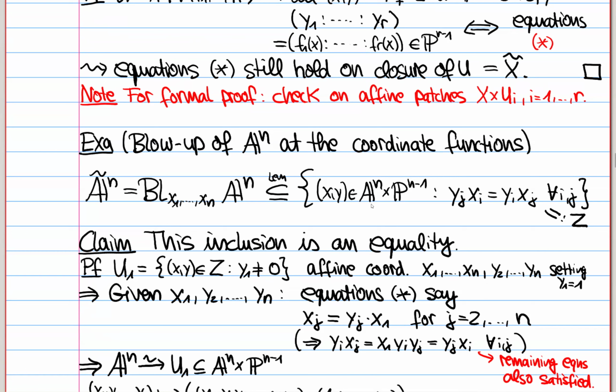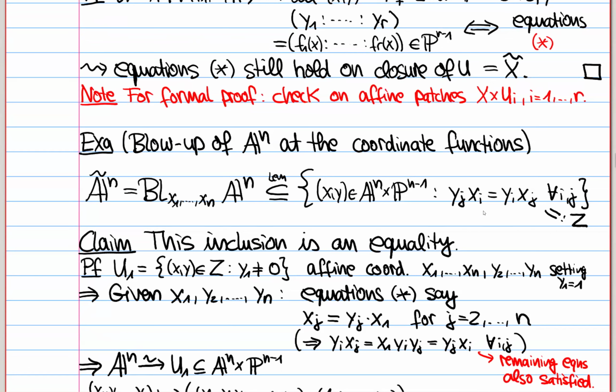And this sits inside A^n × A^(n-1), and it has affine coordinates given by x_1 up to x_n. And then, being in this patch where y_1 is non-zero, we set y_1 equal to 1. And the other coordinates are then given by y_2 up to y_n. We have these 2n minus 1 coordinates.